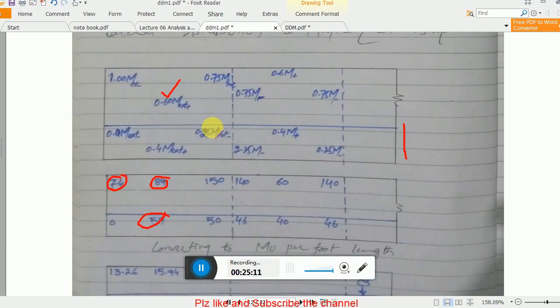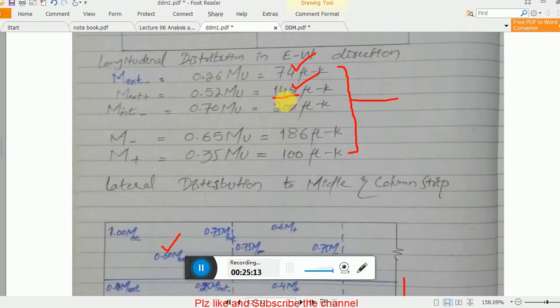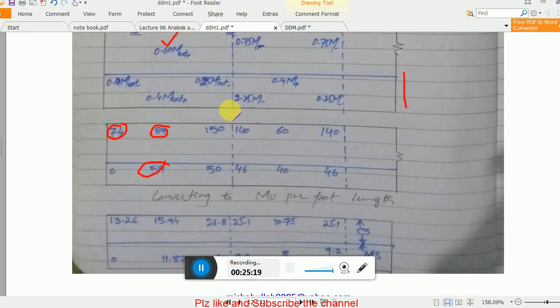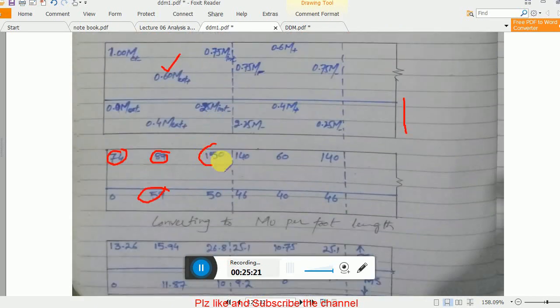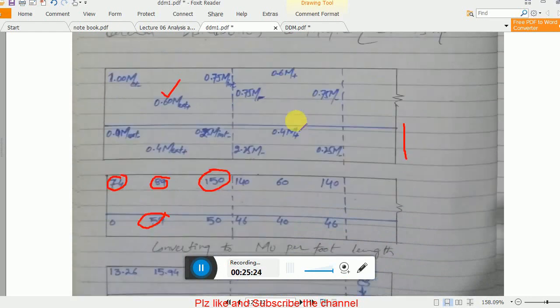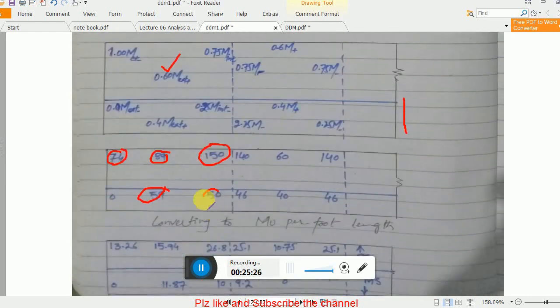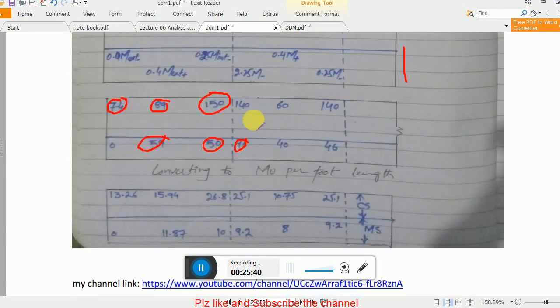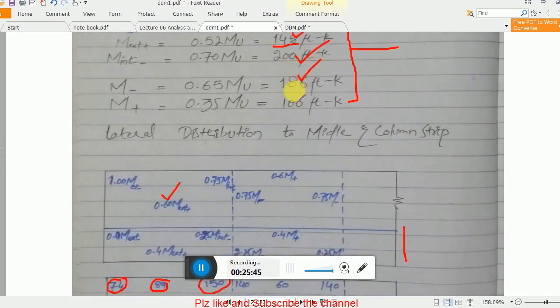So this is the way. Similarly here you got 75% of this moment, 75% of 200. If you take 75% of 200, you get 150, and 25% of 200 you get 50. Or you can get this 50 by just subtracting 150 from 200. 75% of this moment, 186, while 46 is 25% of 186.